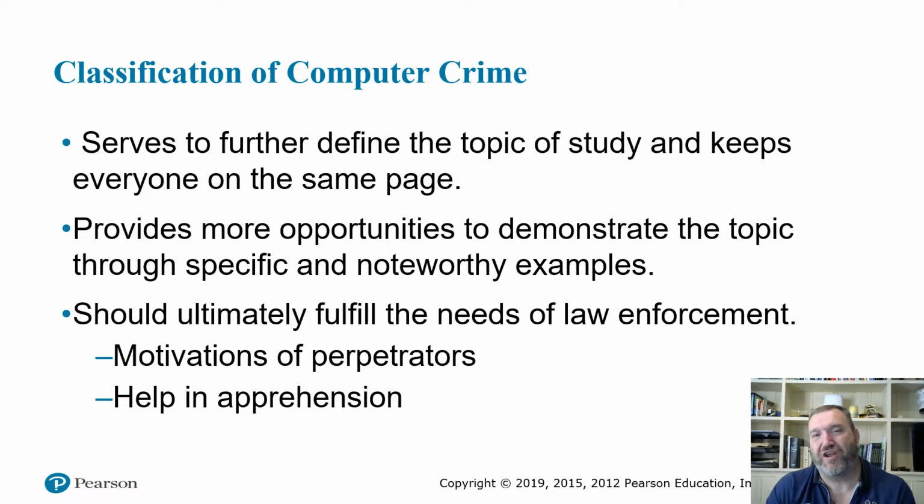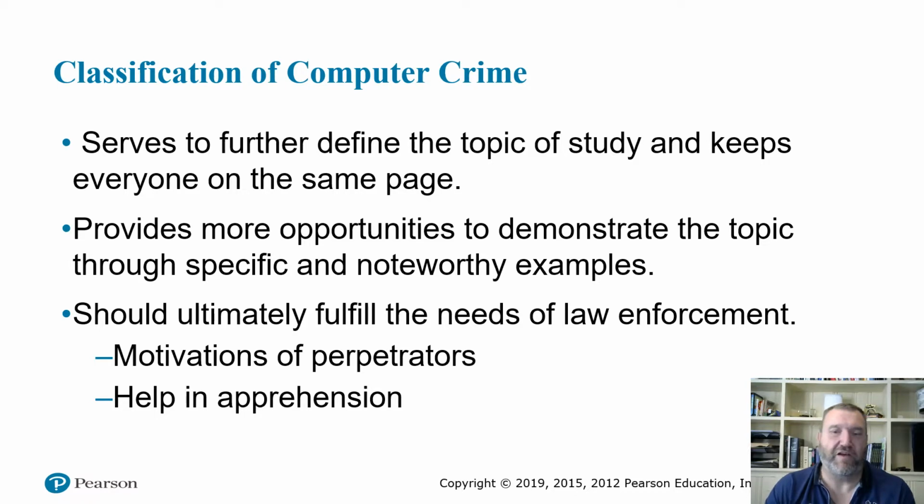But one of the other changes that they looked at when they started classifying computers is, is there a motivation of the perpetrator? Is there a way to understand why people do computer crime? And we're going to talk about it in chapter 3. But what's the motivator? We understand the mechanics. We got that. And we spent a lot of time, as we talked about a couple slides ago, in the mechanics, but we didn't really talk about the motivation.